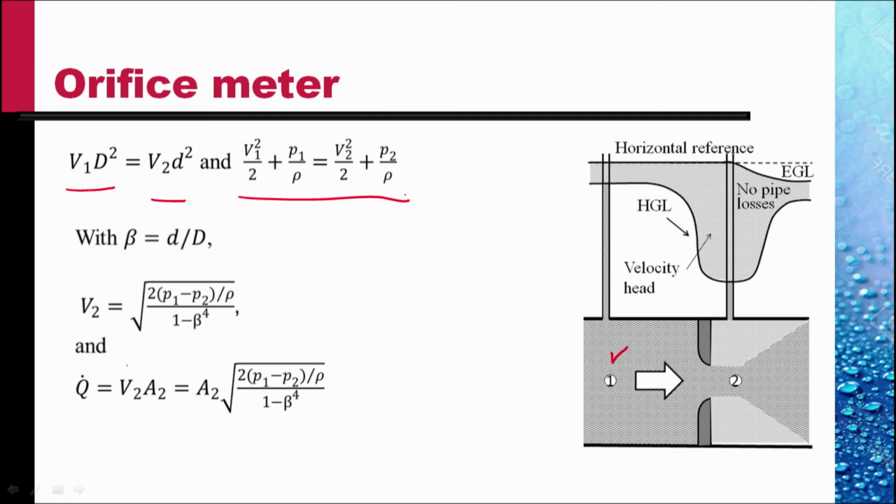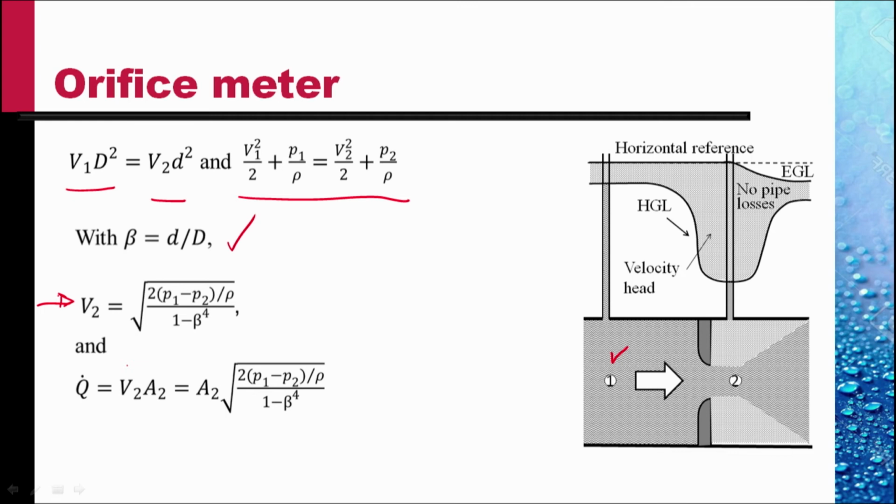It is easy to solve these equations, and with beta equal to d by D, we get the velocity V2 as this. Velocity at the orifice.